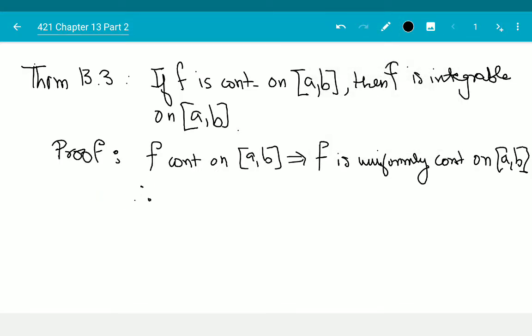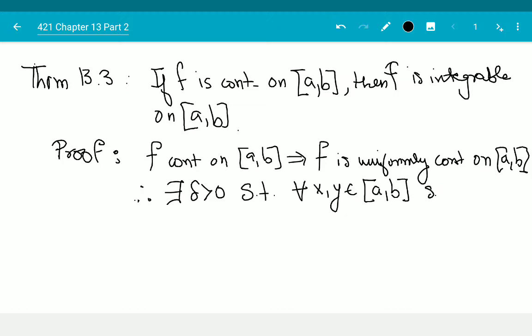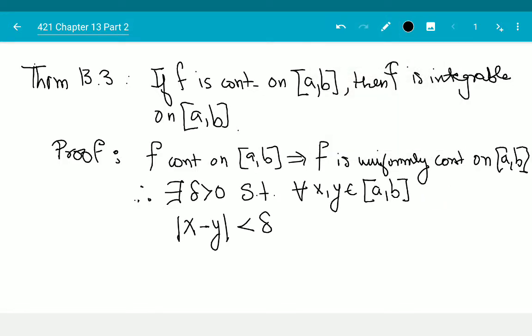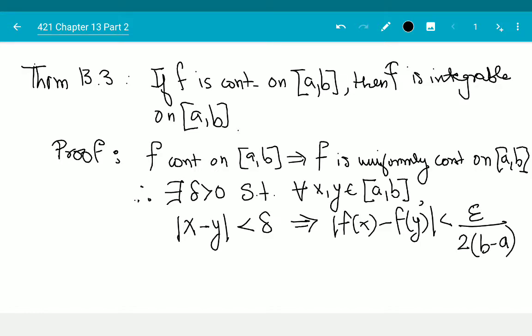Therefore, there exists a delta greater than 0 such that for every x, y in [a, b], the absolute value of x minus y smaller than delta implies the absolute value of f of x minus f of y is smaller than epsilon over 2 times b minus a. Okay.